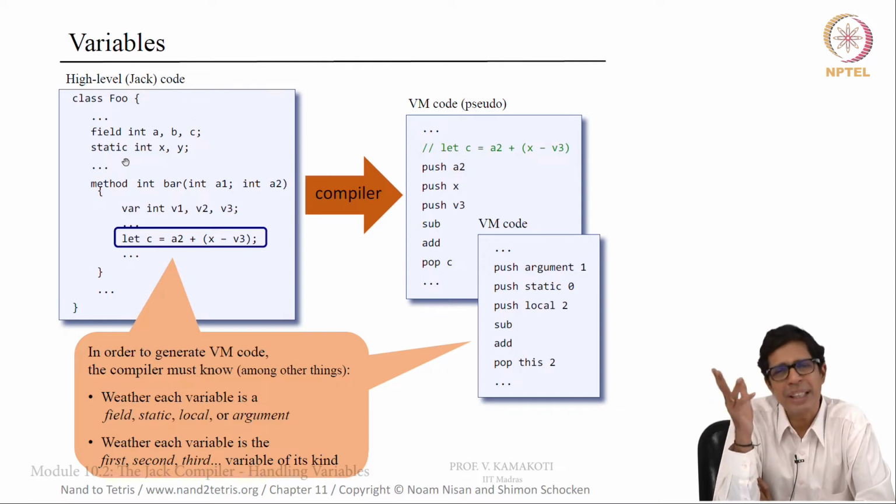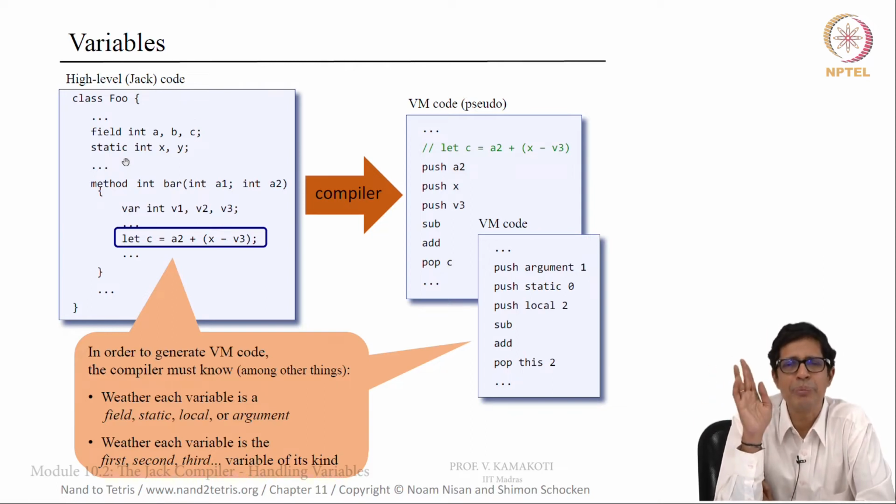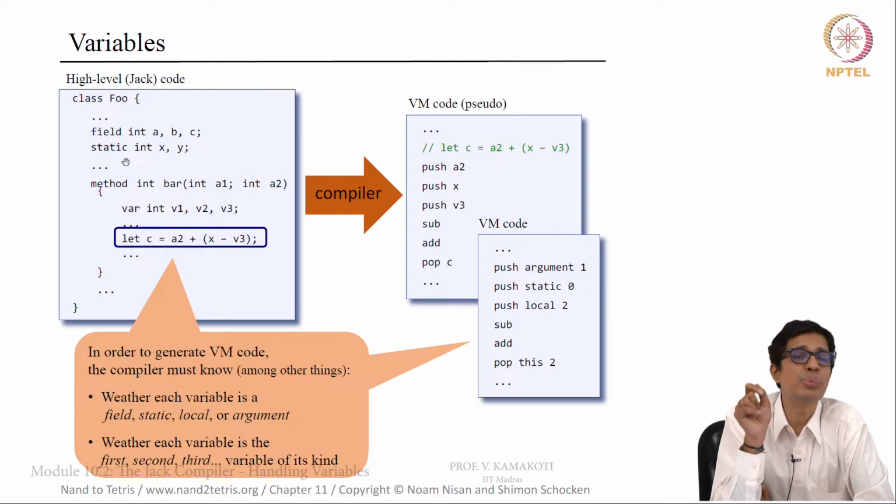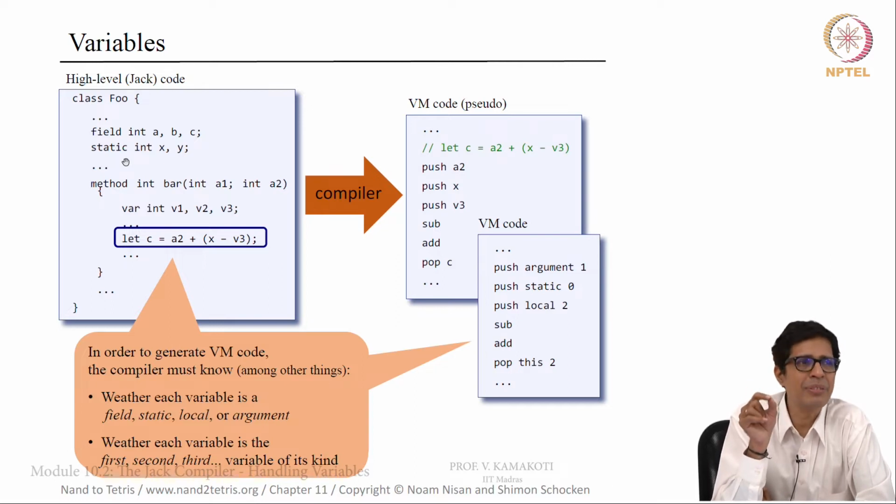So, x and y will be mapped onto some part of that static area. When you are compiling, you fix that a, b and c are going to be allocated some memory, and when you are inside a class, there is something called the this pointer. The this pointer will point to where the variables of that class are stored.